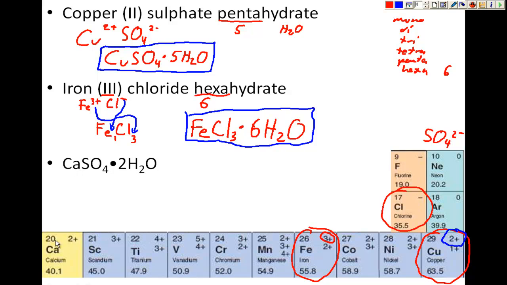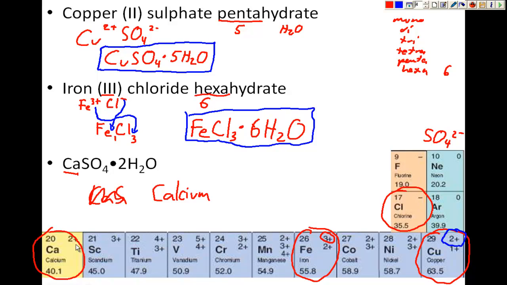Okay, next one. We have calcium. We're going to be using SO4 again. Calcium is 2 plus, SO4 is 2 minus. So without doing this stuff right now, you should probably get used to it. You can just write down, this is a 2 plus, a 2 minus, same, we only need 1 calcium and 1 sulfate, and it's all going to be balanced. Oh, what am I writing? We already have this. Sorry, Ca is calcium.